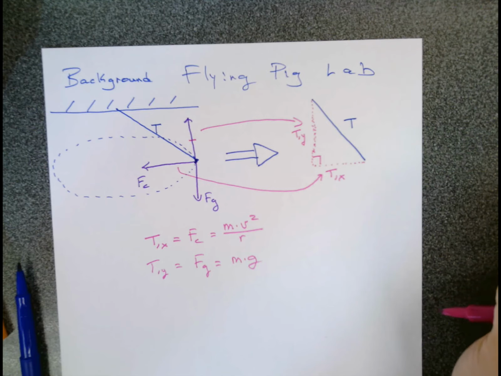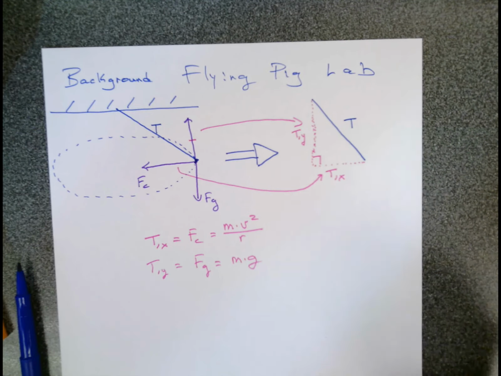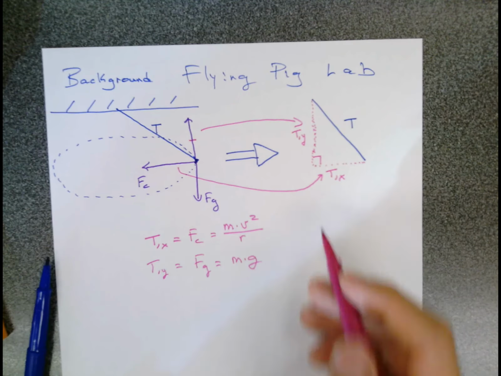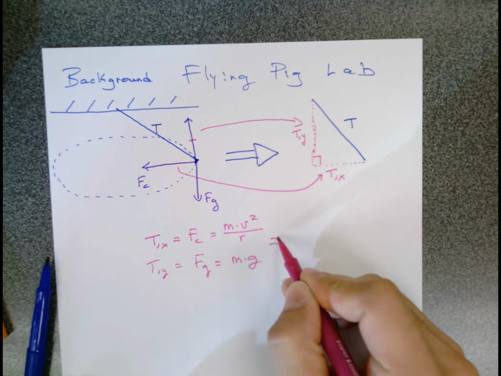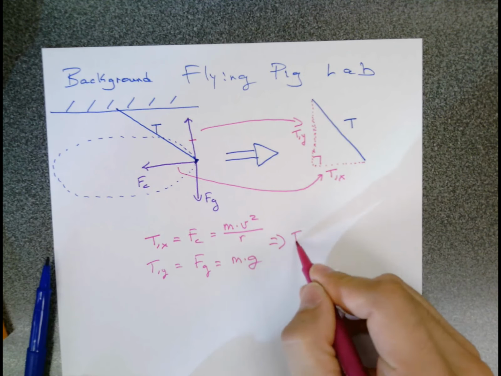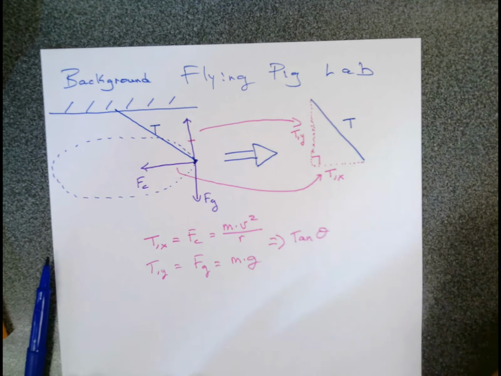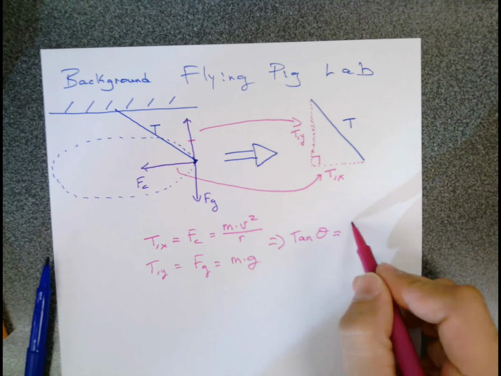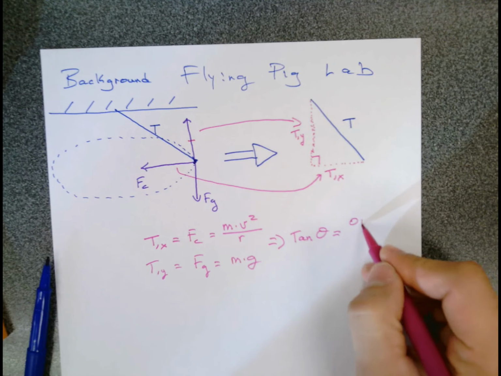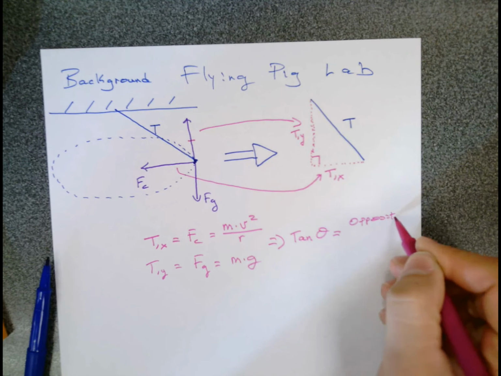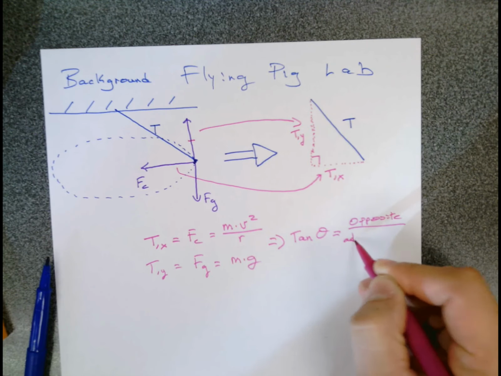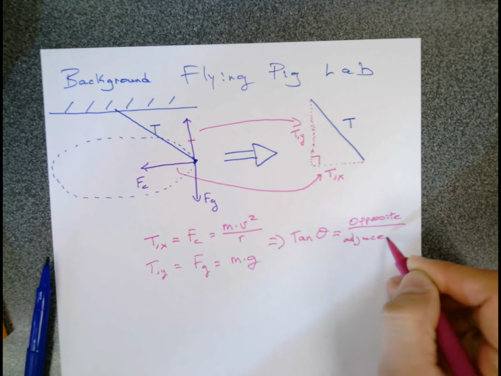So we're going to use a little bit of trigonometry, and we're going to use the fact that the tangent of the angle of any triangle is equal to the opposite over the adjacent.